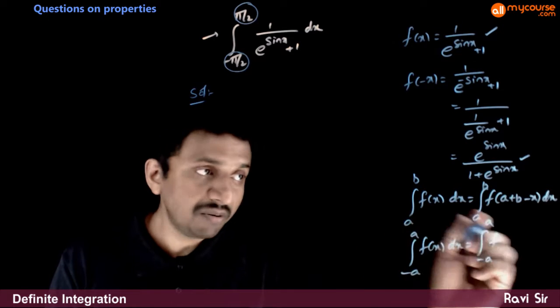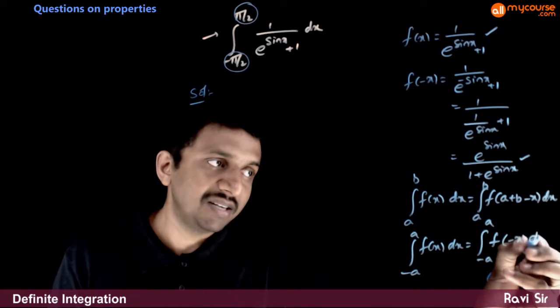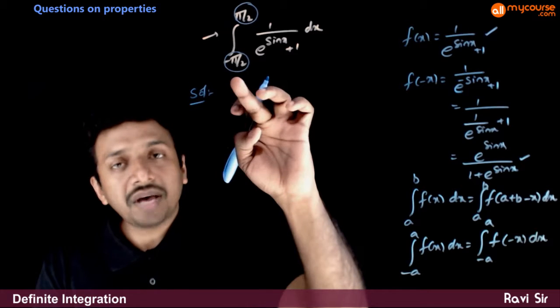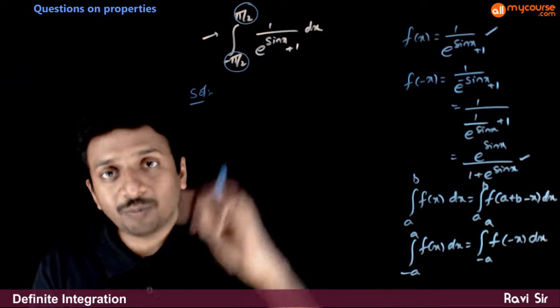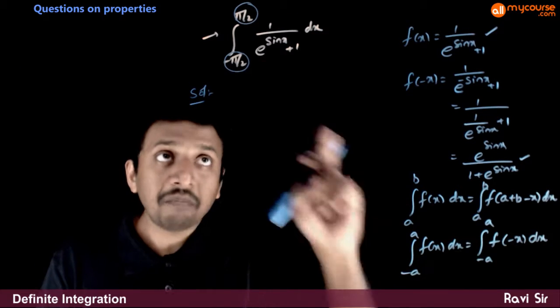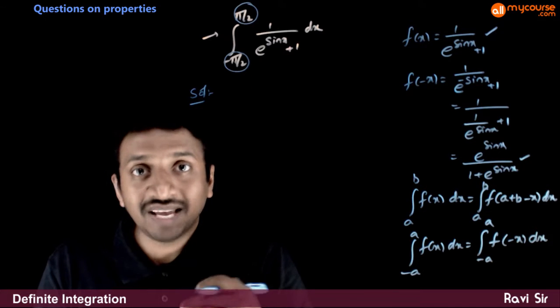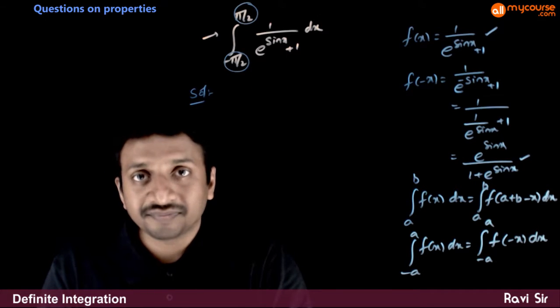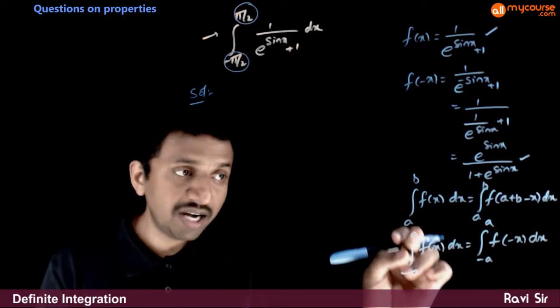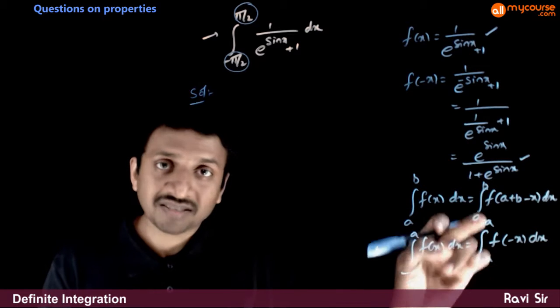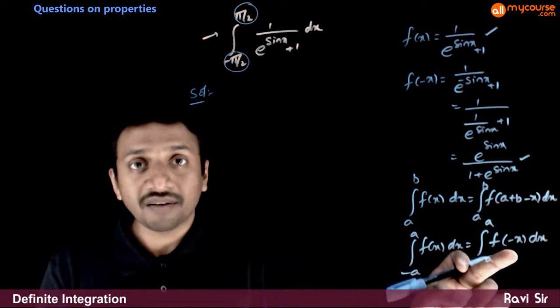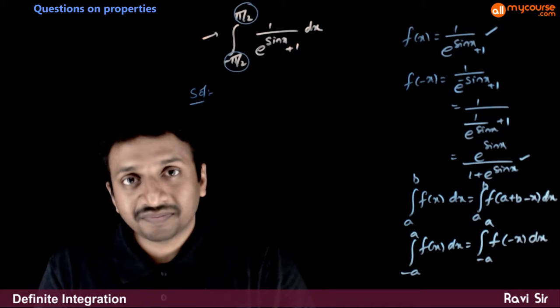Minus a plus a becomes 0, so you have f of minus x dx. So whenever you have integration from minus a to plus a, if you put minus x in the place of x, the integral does not change. Integration minus a to a f of x dx is the same as integration minus a to a f of minus x dx.